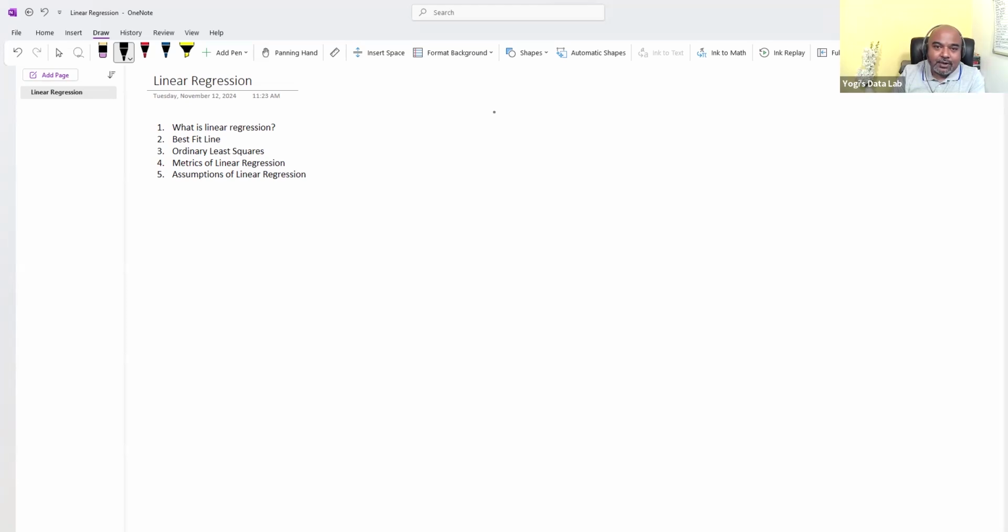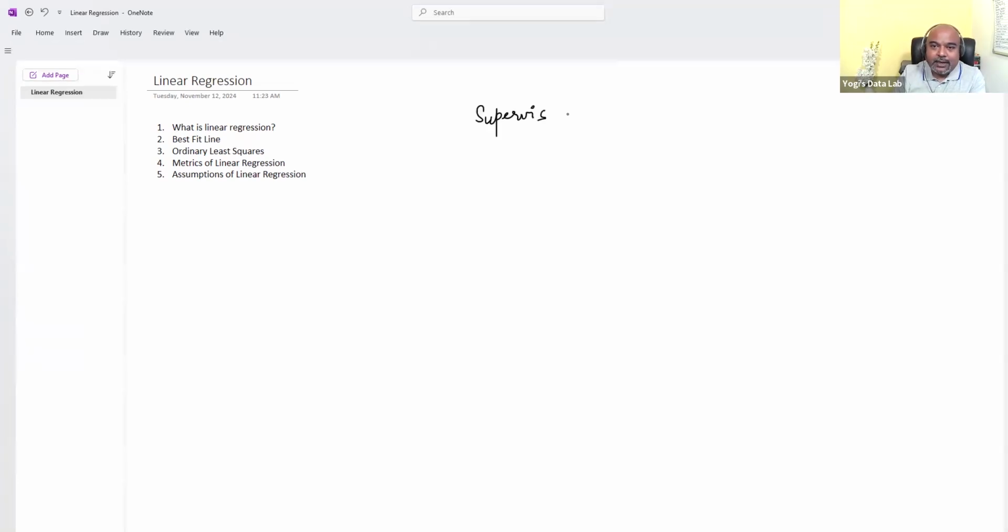Whenever you are predicting any target variable which is continuous, we know that in supervised learning, we have a target variable. Means I am trying to predict some output. So I do have a target variable, or we call it an output variable. Means I'm trying to predict some y, something that I want to know.